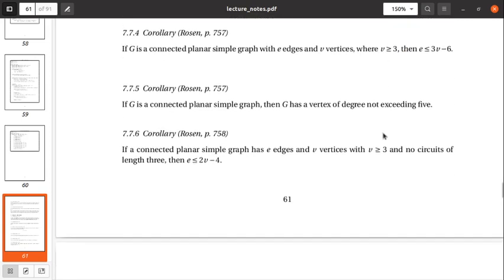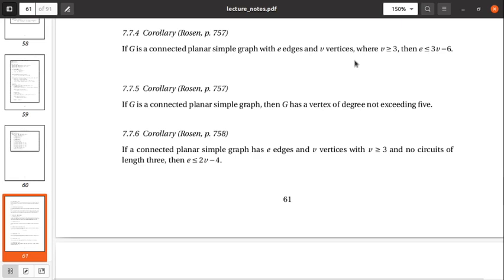So, a corollary to that: if G is a connected planar simple graph with some number of edges and some number of vertices, and the number of vertices is at least 3, then the number of edges has an upper bound of 3 times the number of vertices minus 6. Okay.